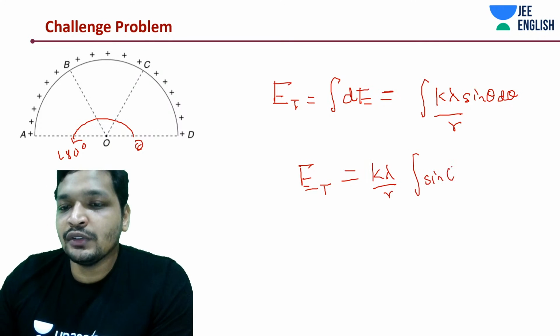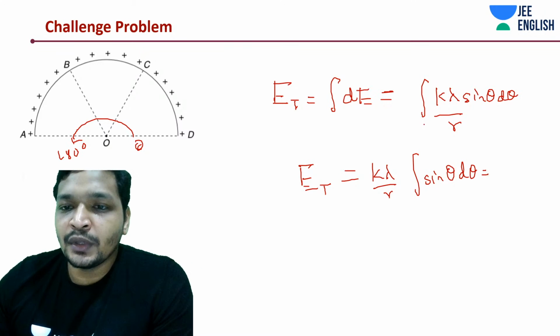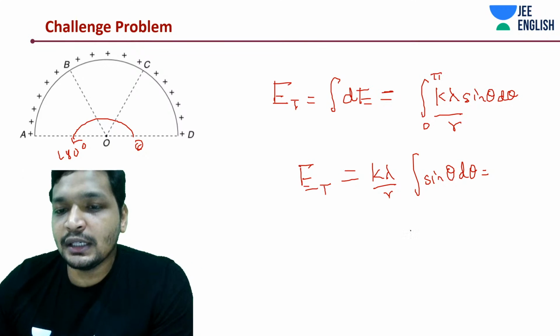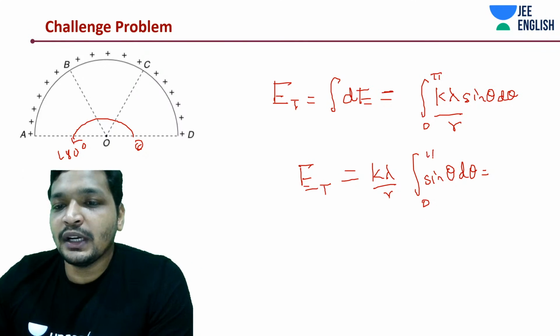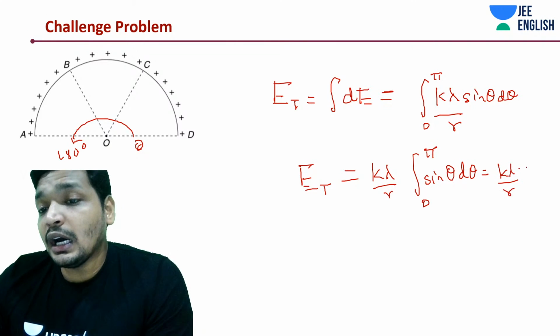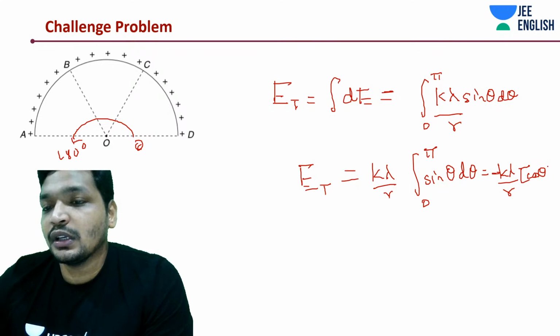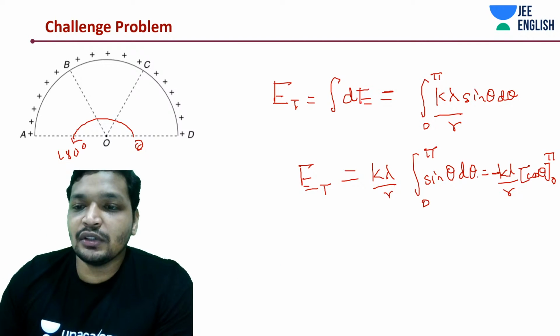Integration of sine theta d theta, from 0 to pi, or 0 to 180 degrees, is k lambda by r into minus cos theta from 0 to pi.